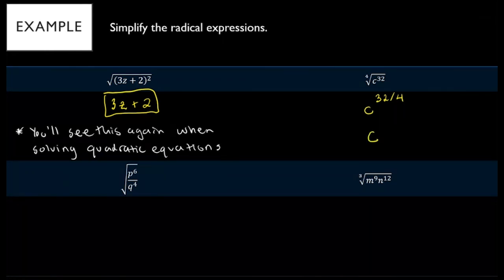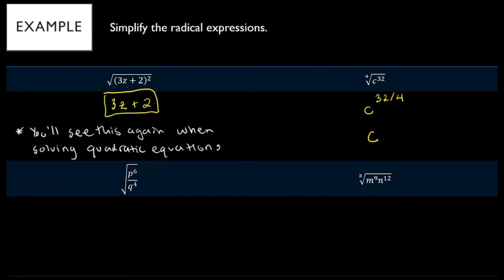But usually we don't write that. You don't really have to do that. You just do the division. So 32 divided by 4 gives you 8. When you do this, the radical symbol disappears. We're left with c to the 8.